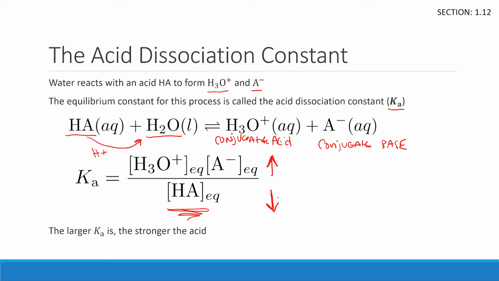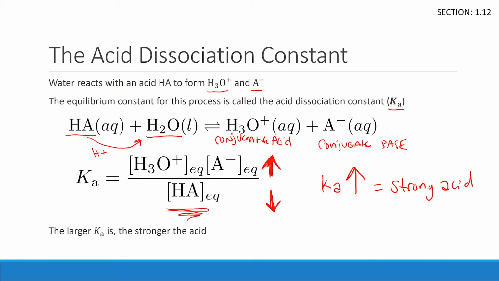It gives away almost all of its protons and becomes the conjugate base and the conjugate acid. That is a situation where we have a strong acid. And so this top will be very big because we've dissociated our acid. And this bottom will be very small because the remaining original acid we put in has become all dissociated. So a big Ka ultimately means a strong acid.